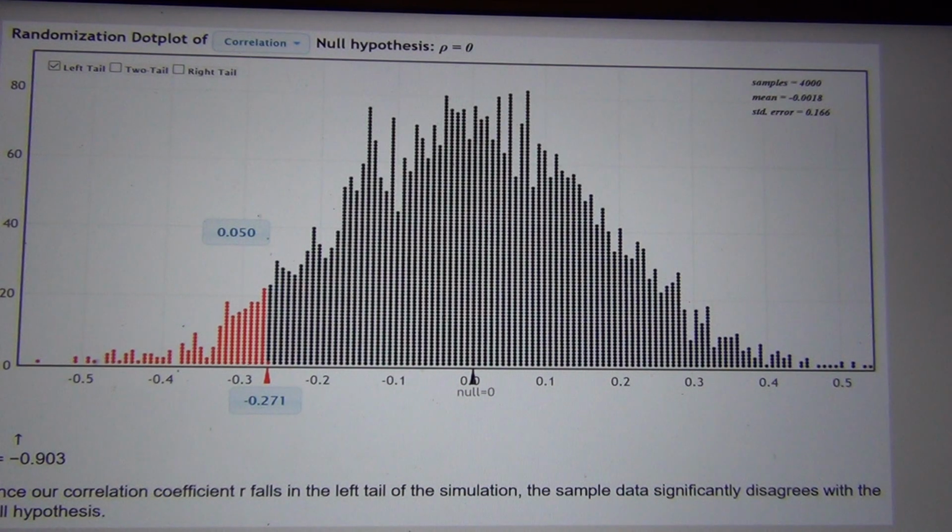Now, what we want to know is whether our actual sample correlation coefficient, the real R, is in the tail. Our real R was -0.903, which is definitely in the left tail. It is to the left of that critical value, -0.271. So that would mean the sample data significantly disagrees with the null hypothesis.